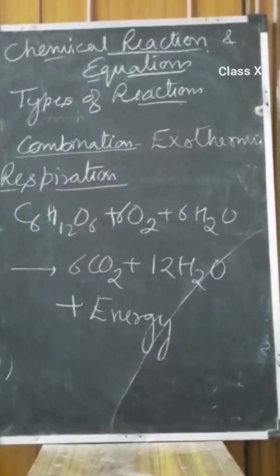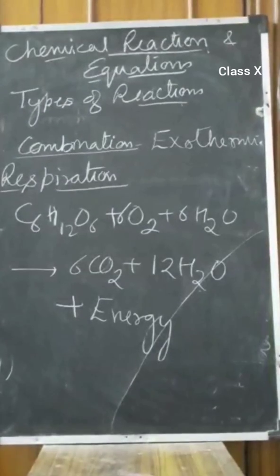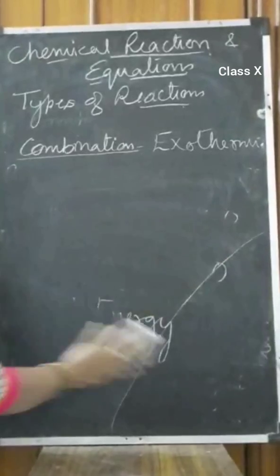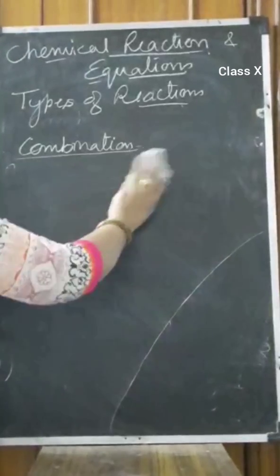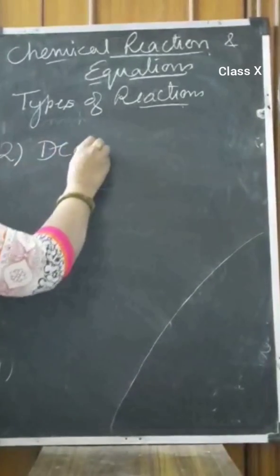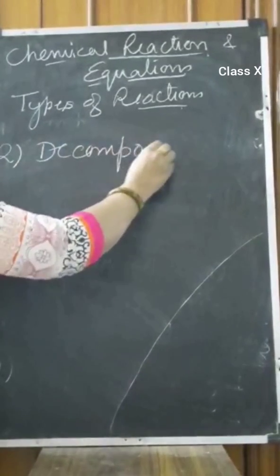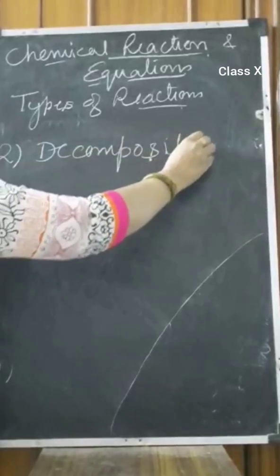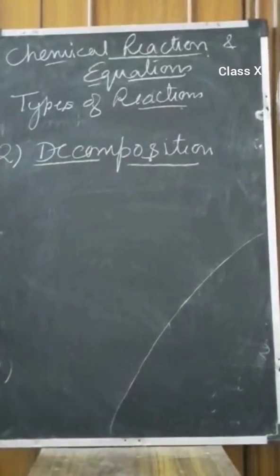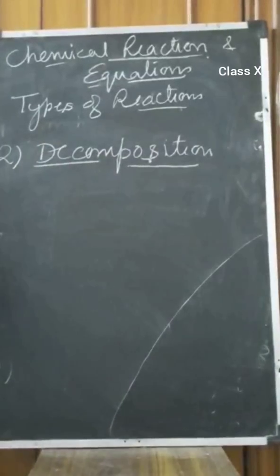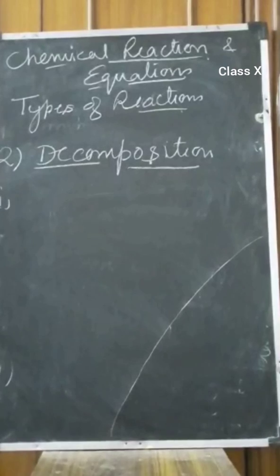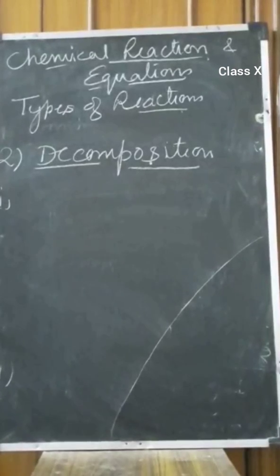The next type of reaction is the decomposition reaction. The second type is decomposition reaction. Now what are decomposition reactions? Whenever one reactant breaks down into many products, that is called a decomposition reaction.